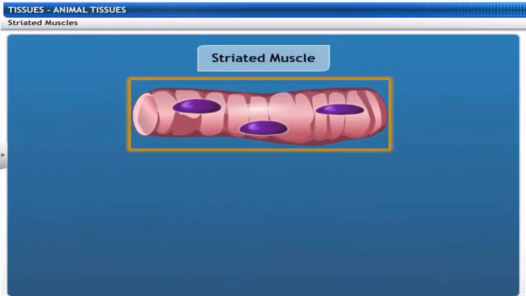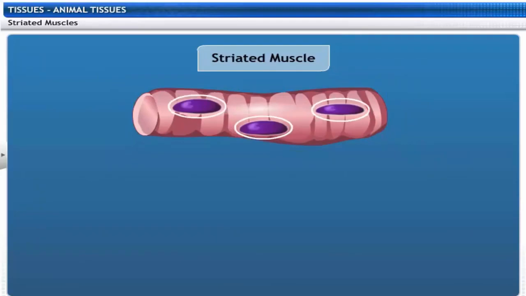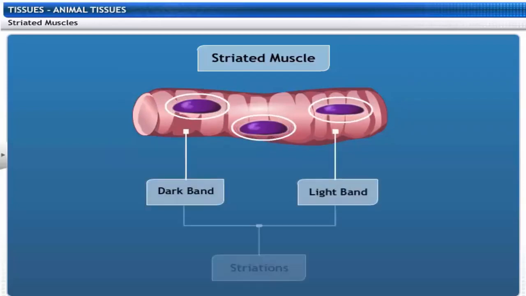Striated muscles are cylindrical, unbranched, and multinucleated. Each muscle fiber has dark bands alternating with light bands called striations.